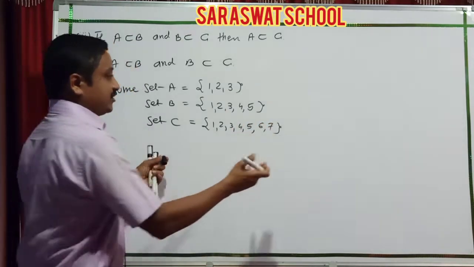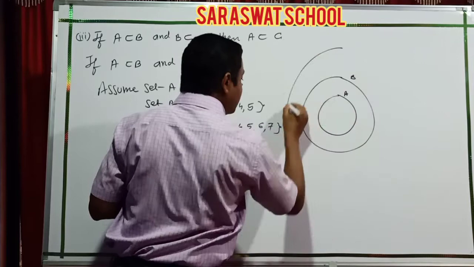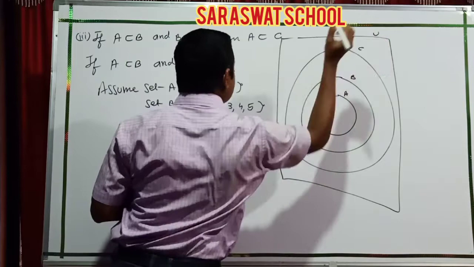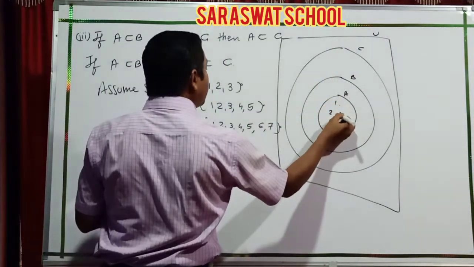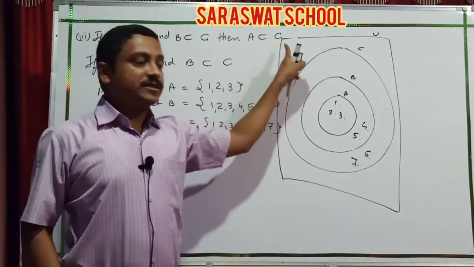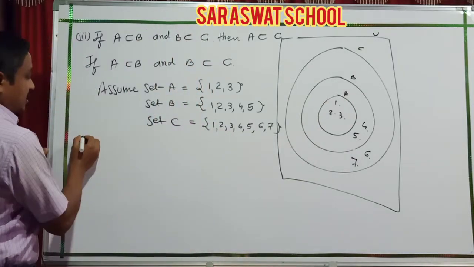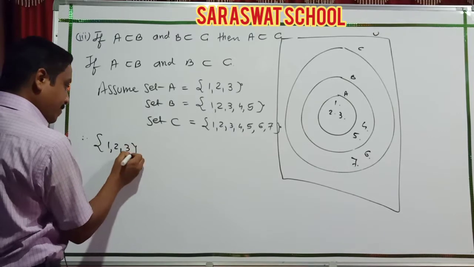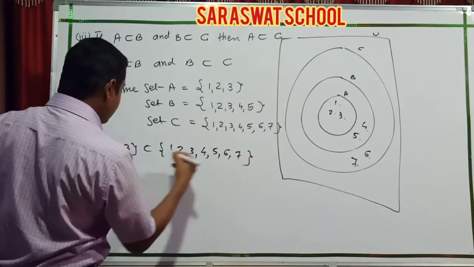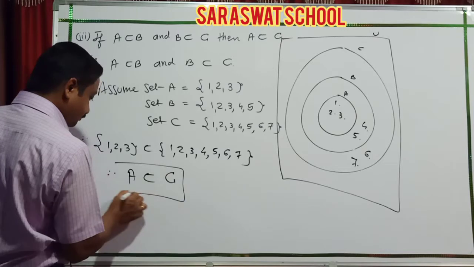Now I go to the drawing. This is your set A, then set B, and definitely set C is also present, and that's my universal set U. Here you check: A is 1, 2, 3 here, here 4, 5, and here 6, 7. Definitely the last statement, A subset C, every element of A is present in C, true. So here I take 1, 2, 3, a subset of 1, 2, 3, 4, 5, 6, 7. So I show that A subset C is true.